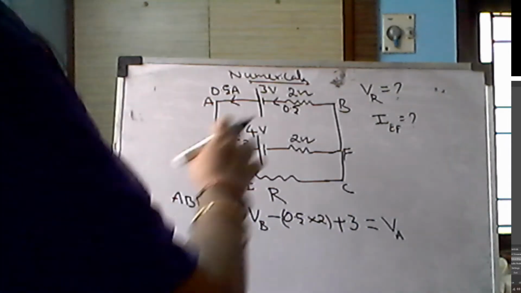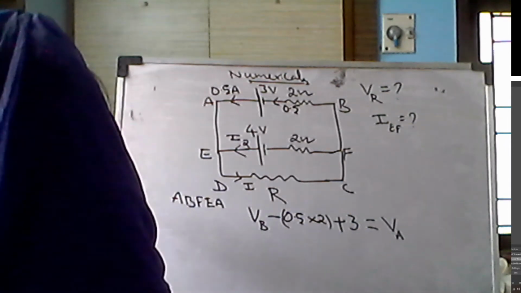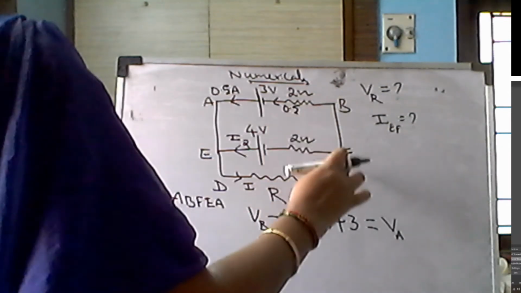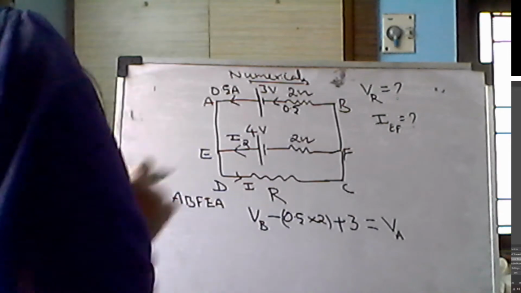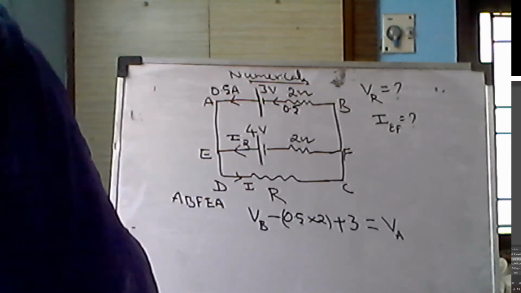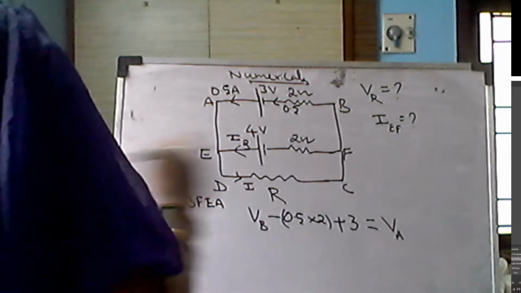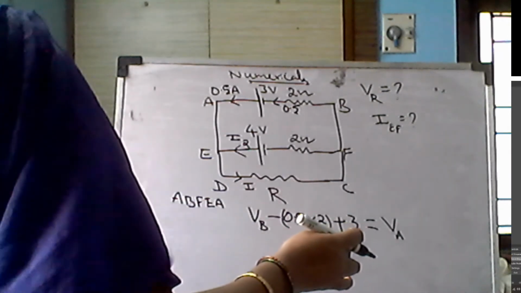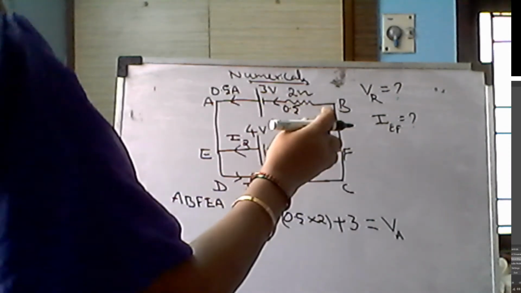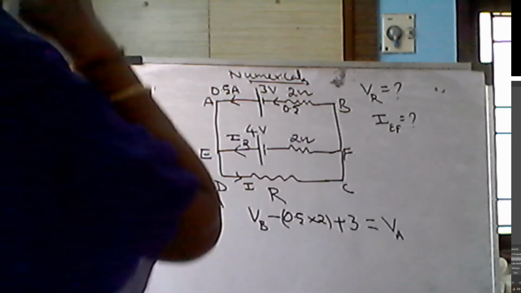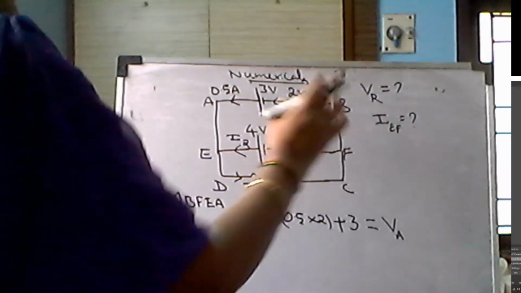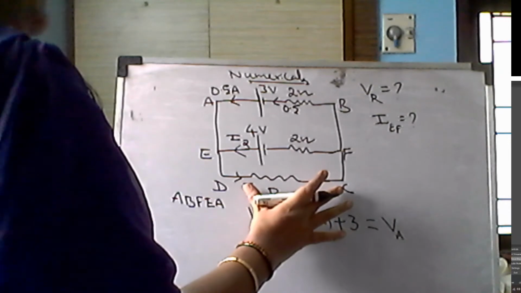I repeat, if you consider the mesh A, B, F, E, A, I am not applying anything here, I am not applying the voltage here. Only here I am writing this 3 voltage. So if I start like that, VB is the potential, because you want the voltage across this.